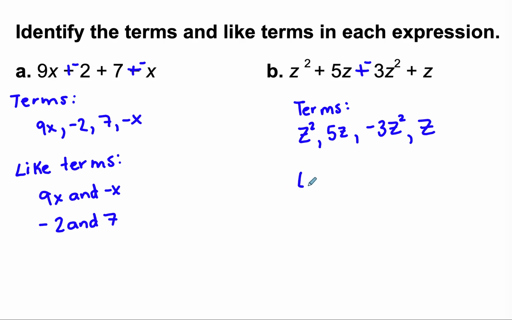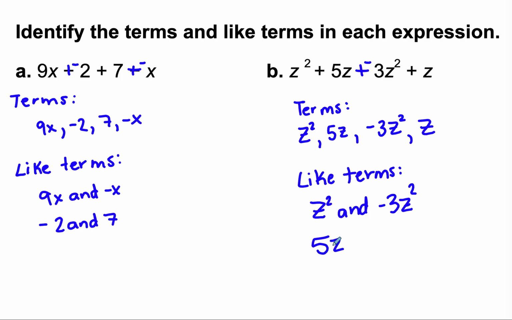Then I need to do the like terms. Yes, you need to do both lists. That's what the directions say. Okay, same variable, same exponent. So z squared and -3z squared. And then we have 5z and z.